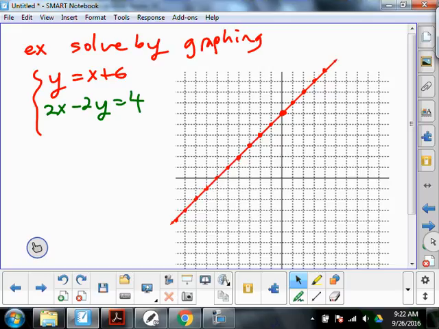Not too bad. So then the other one, what should I use to graph this other one? The cover-up method. Okay, so my x-intercept is 2, and my y-intercept is -2.